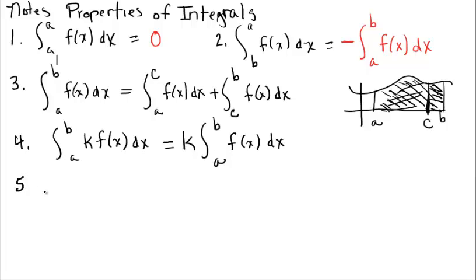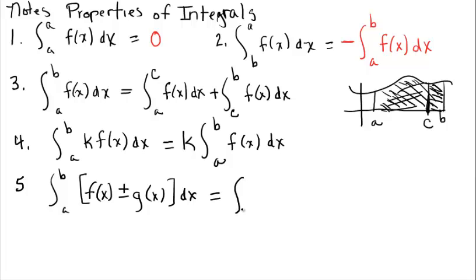Our 5th property. I'm going to give you our 5th property, even though we've already actually been using it. It'll make sense to you. Consider the integrand that is a sum or a difference of 2 expressions.